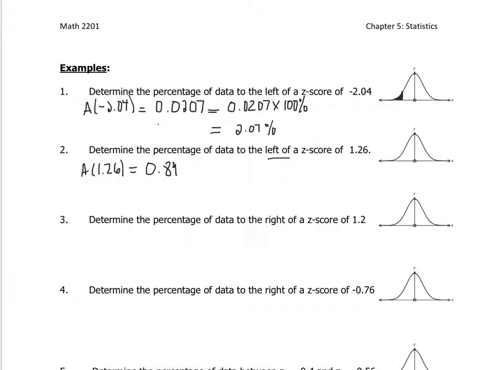If we draw 1.26, that's a positive z-score, a little bit more than 1 standard deviation above the mean, so just a little above the mean here.